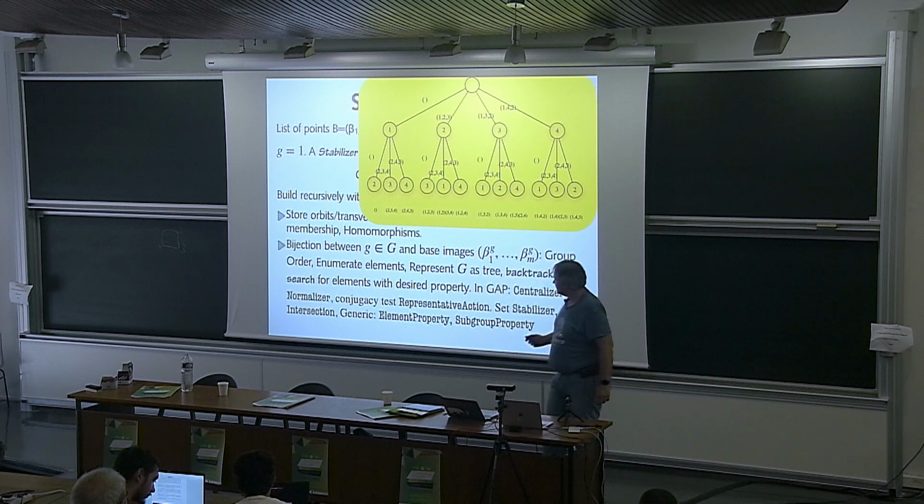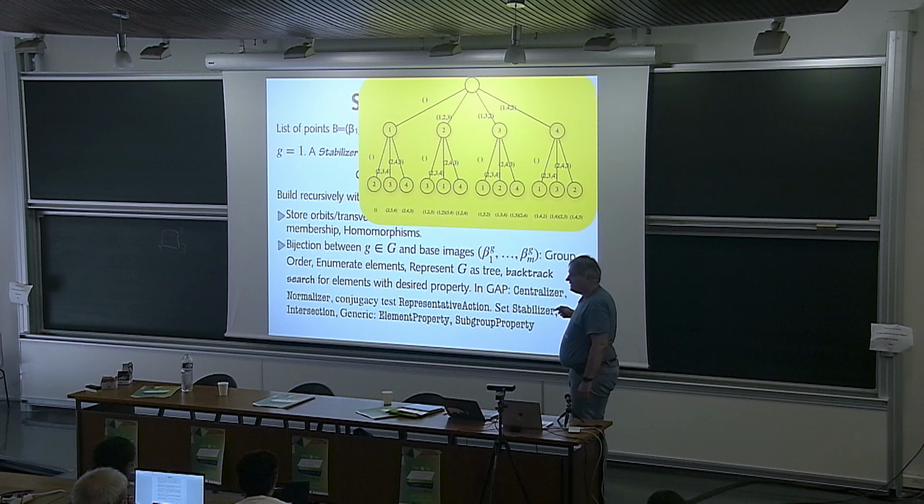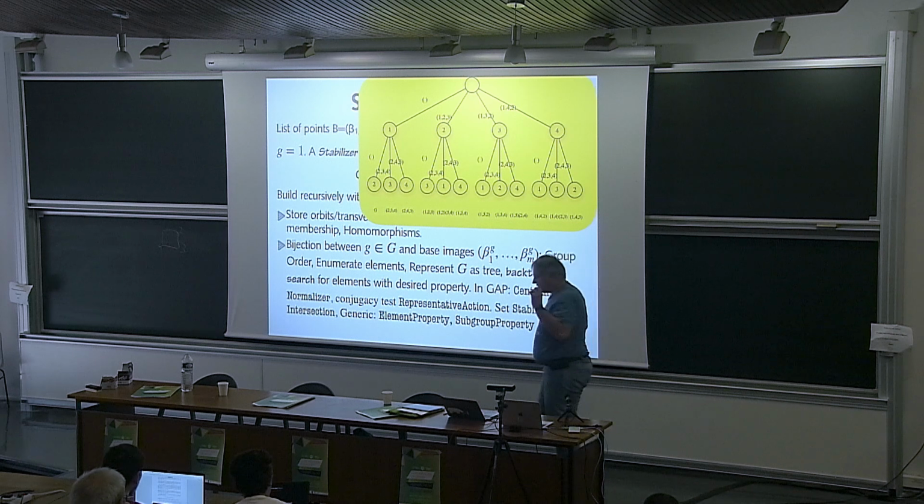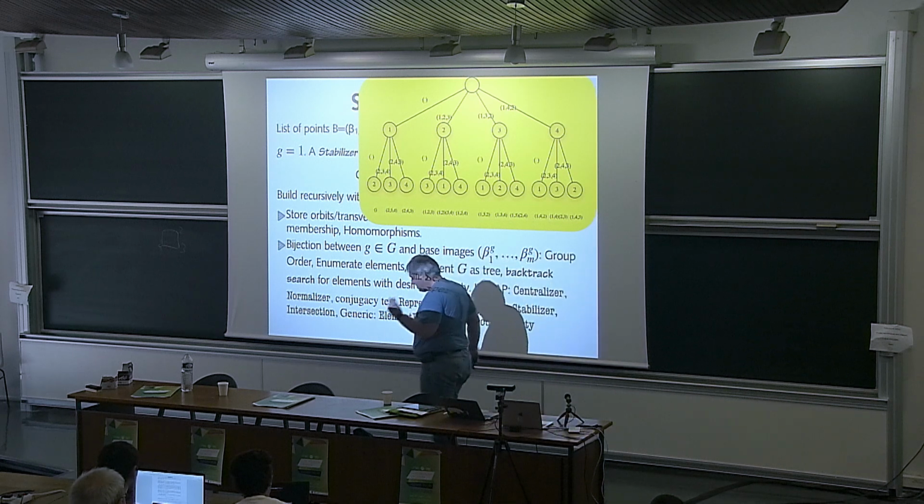The crucial step for this backtrack search is to actually not run through the whole tree, but to prune branches of the tree where you know you don't need to search. And the pruning depends on the concrete problem which is asked.